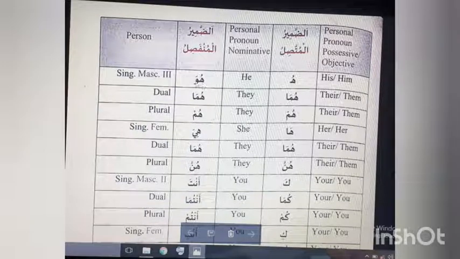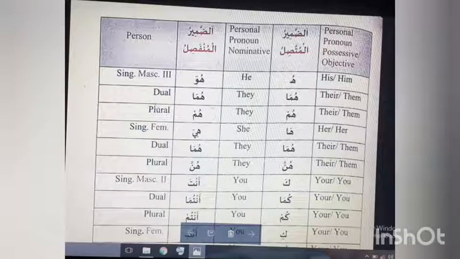And when we change this ضمير منفصل into ضمير متصل, when we attach this to any noun, huwa becomes hu. Suppose I relate a noun like kitab with this ضمير huwa: kitab plus huwa becomes kitabuhu. So the shape of huwa becomes hu. In possessive and objective case, it becomes his, him in English.